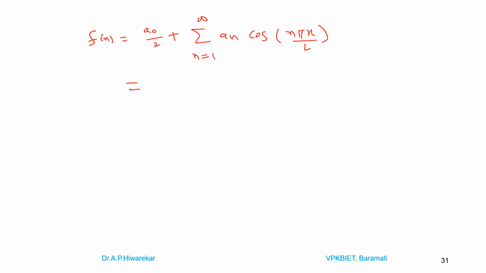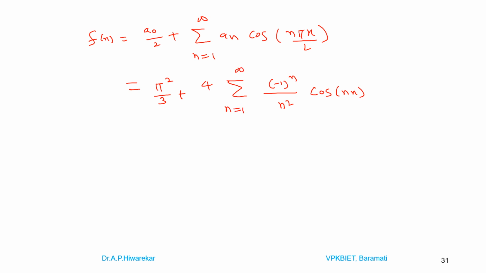So a0 by 2 will be pi square by 3 plus sigma. From the sigma notation we can take 4 common. Then this will be minus 1 power n divided by n square into cos of nx, where n is from 1 to infinity.